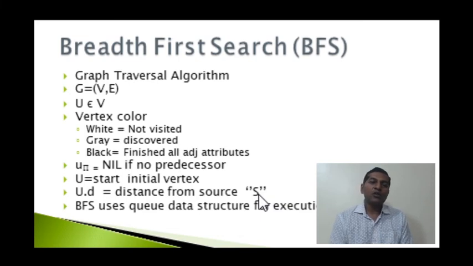From this source we will check the distance of all the vertices. In the previous algorithm we used a timestamp, but here we will use the distance from the source. Breadth first search uses the queue data structure for execution.